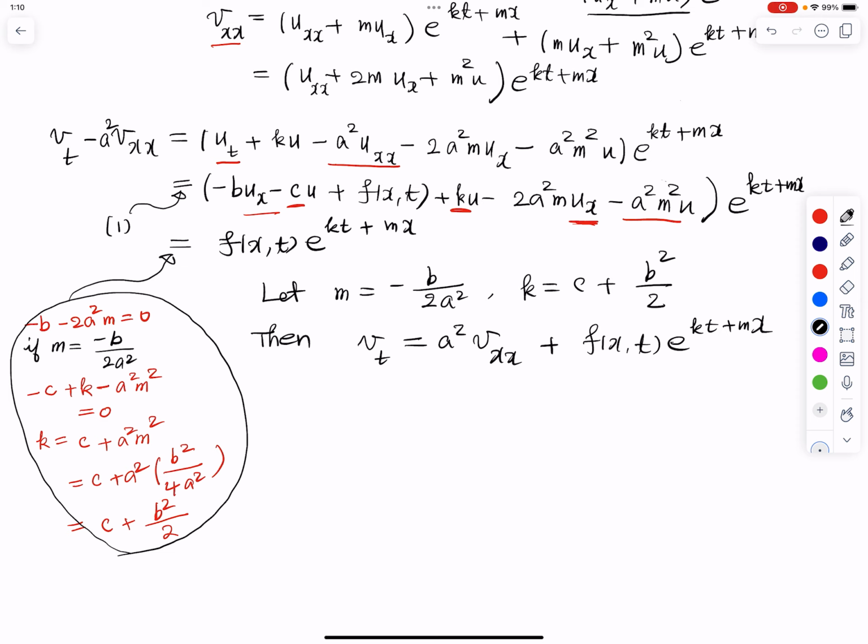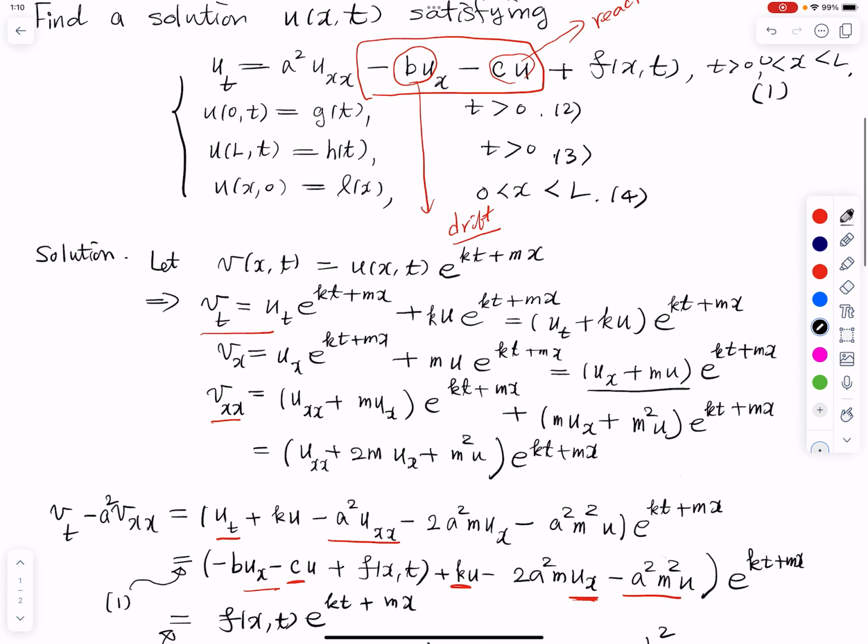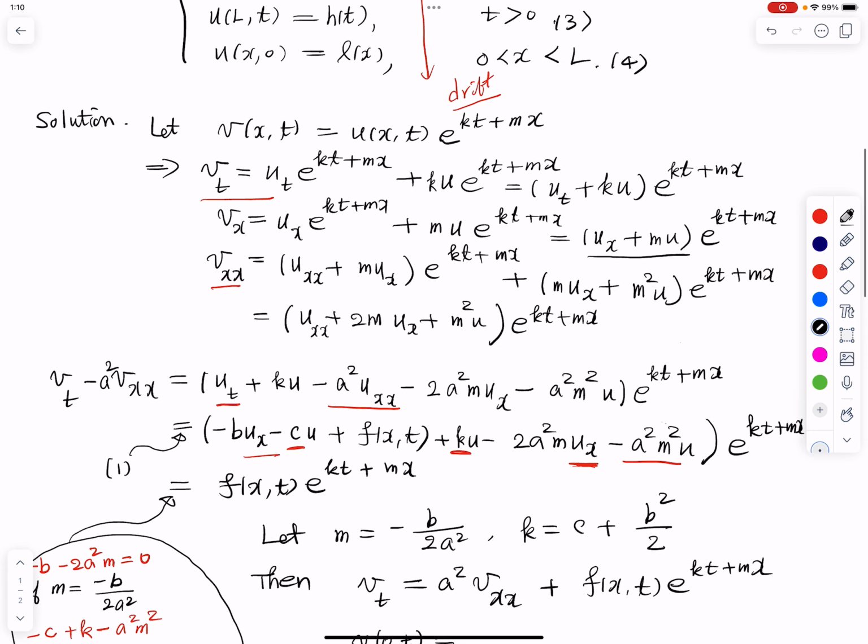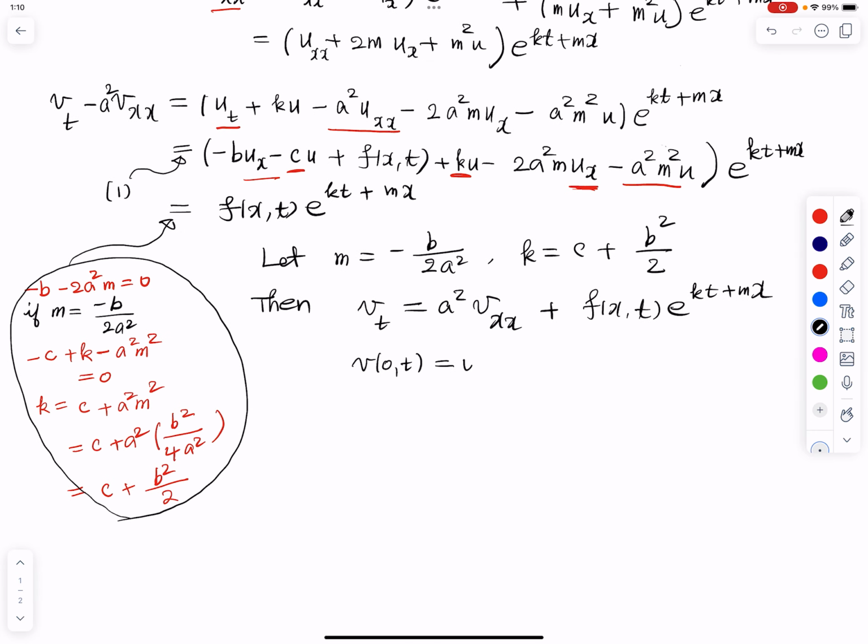That's one equation. And then I take v at 0,t. What do I get? We have x equals 0, this u 0t exponential kt.